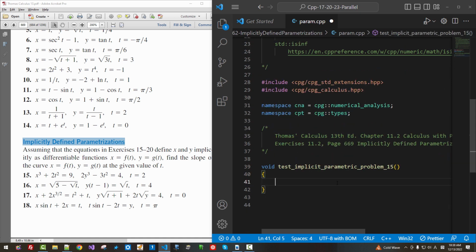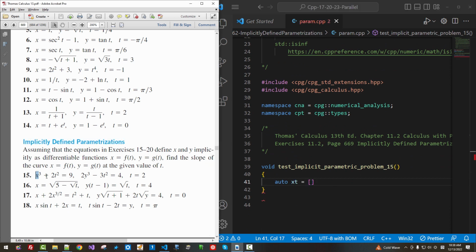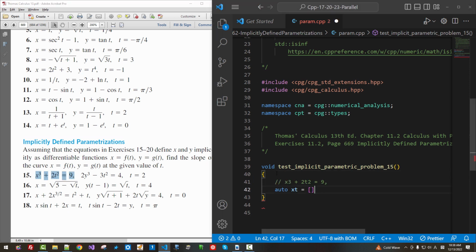Here, xt means function x over t. We will define this: x cubed plus 2 times t squared.